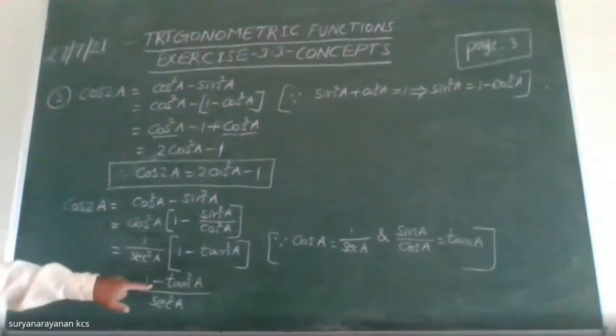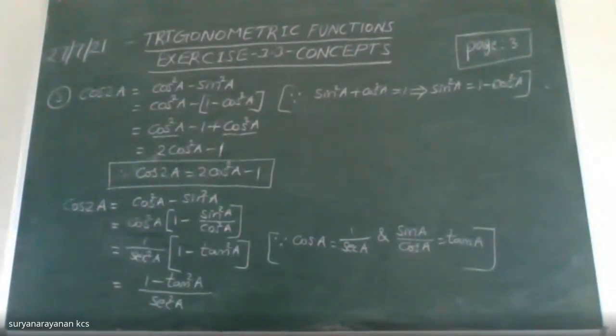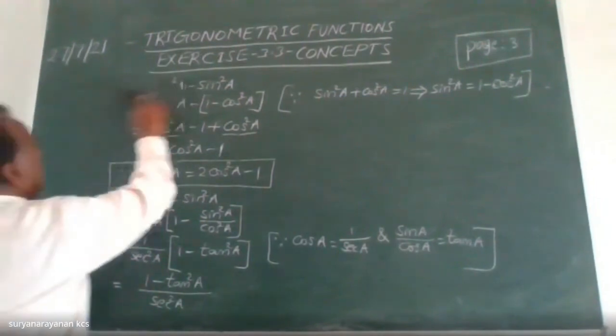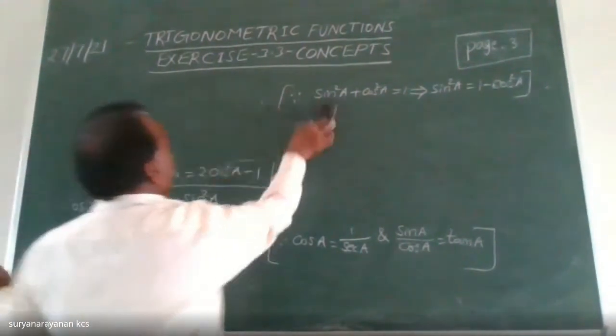So, 1 minus tan square A by secant square A, we got this one.